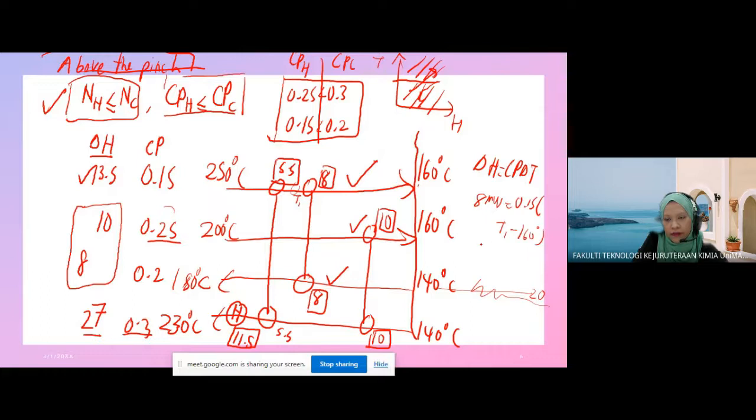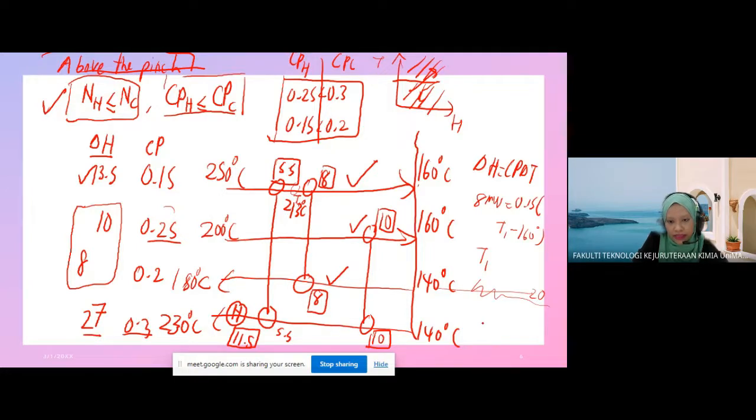So your T1 is equal to, can you calculate? 8 divided by 0.15, okay? Plus 160, you get 213 here. Meaning that here, you need to calculate what is the temperature here.